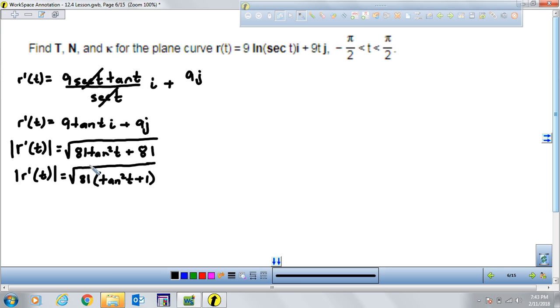The square root of 81 is going to be 9, so that leaves us with this. And not only that, but remember that tangent squared of an angle plus 1 equals secant squared of the angle. So that's the same thing as 81 times secant squared of t. The square root of 81 times secant squared of t would just be 9 secant of t.